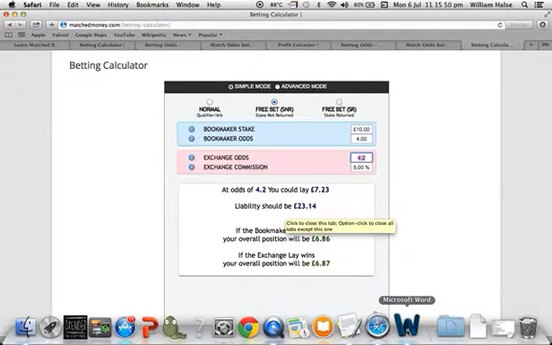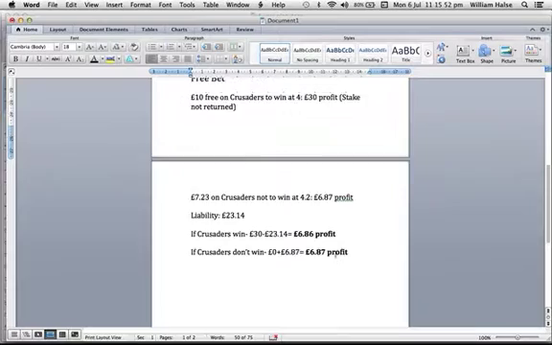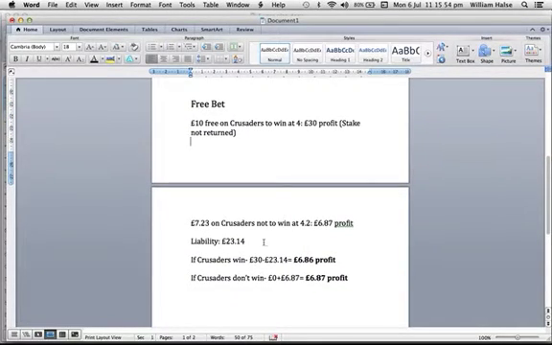So if we take a look at our worked example, so this means if Crusaders win, we make our £30 profit at Paddy Power. However, we also laid Crusaders at the betting exchange, which means that we said they wouldn't win.